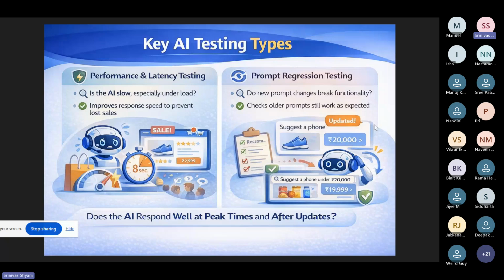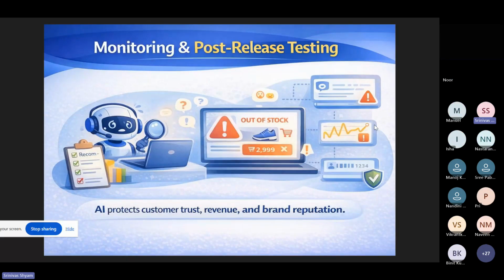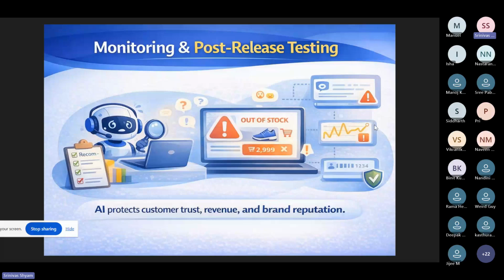The last one is monitoring and post release testing, where after the AI is deployed into production, you monitor it in Grafana or whatever monitoring tools you have. The responses will be logged, so you monitor that whatever you tested is really happening in production. Maybe for the first week, you monitor it, and from that you can figure out some issues, like AI starting to recommend out of stock items.